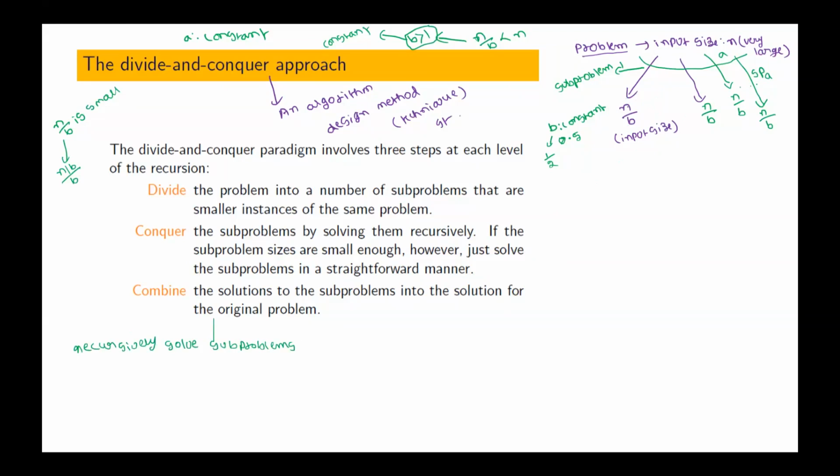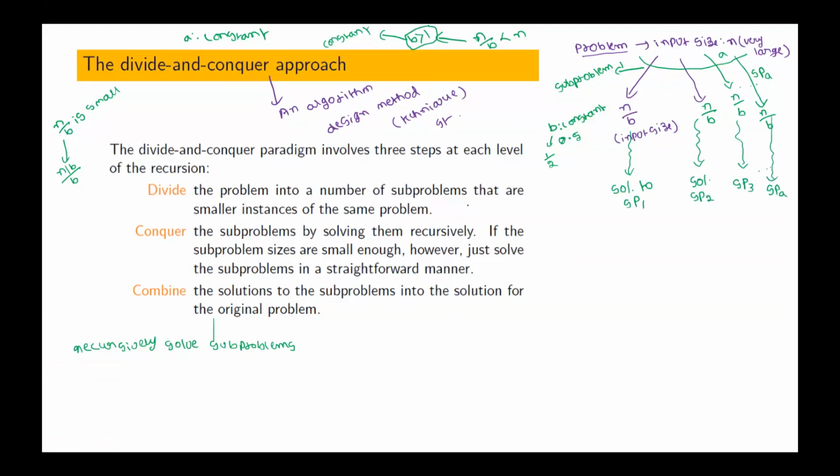Finally we get a solution for subproblem 1. Similarly, we get the solution to subproblem 2, the solution to subproblem 3, and so on, finally the solution to subproblem A. After getting the solutions to all these subproblems, what do we need to do?